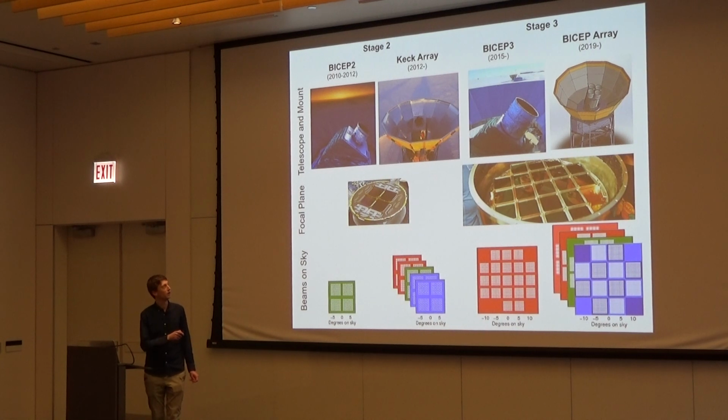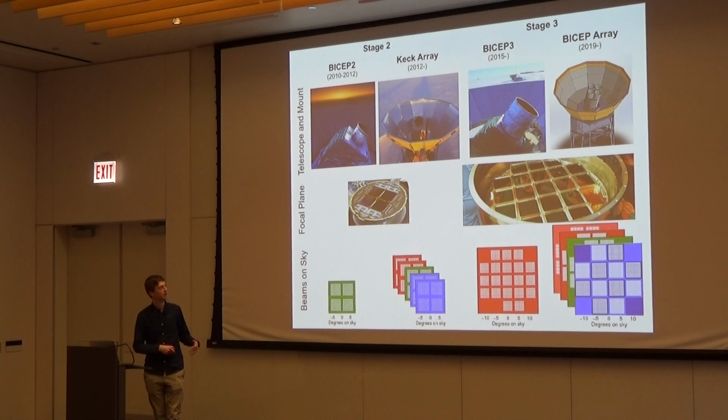And at the end of the talk, I'll say a few things about BICEP Array, which is the plan for the future. Coming in just a year, it should be the deployment about a year from now of at least the first 2 telescopes of BICEP Array. The idea behind this is going to be to replicate a BICEP 3 style telescope in much the same way that Keck was a multiple of the BICEP 2 telescope.